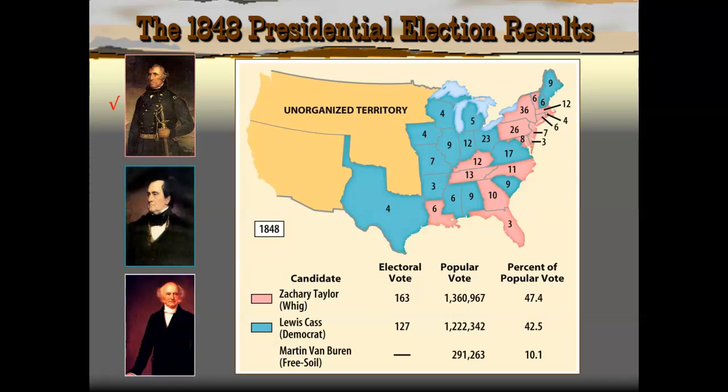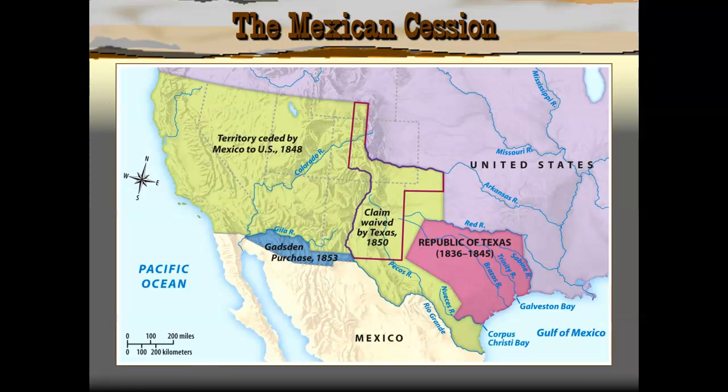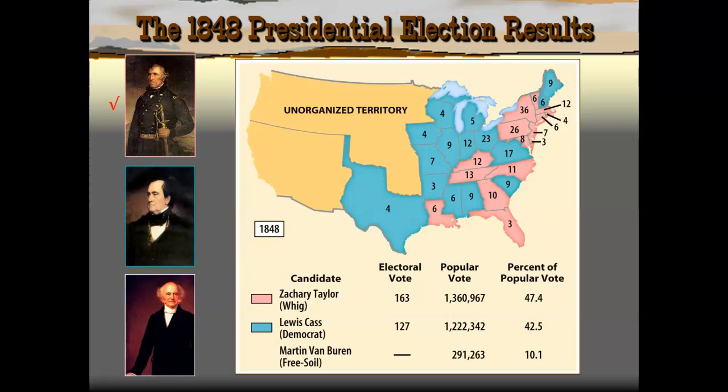But if you look at his opponents, you start to see what the big problem is, and it is a big problem. Two of Taylor's opponents, Lewis Cass and Martin Van Buren, both really have to make a stand on slavery.